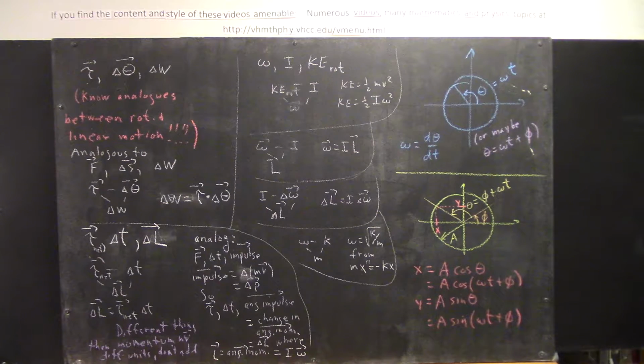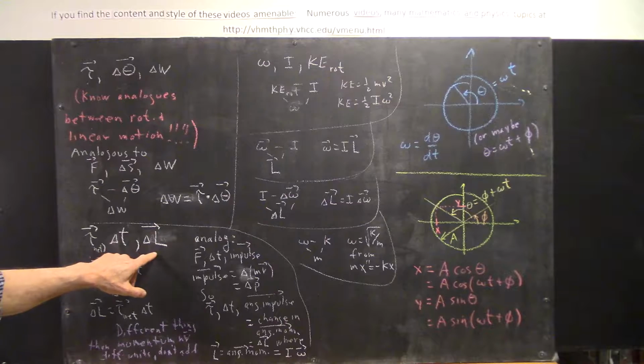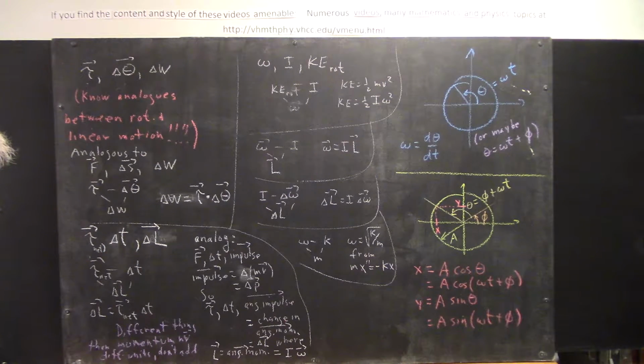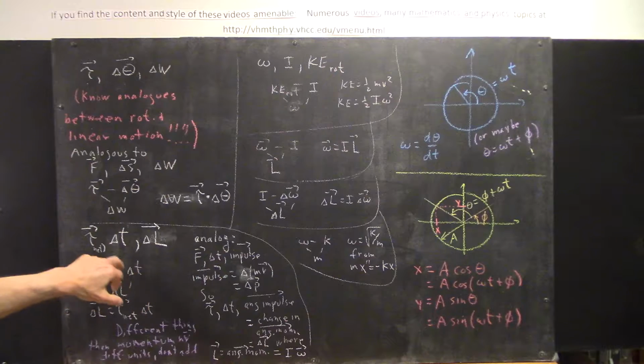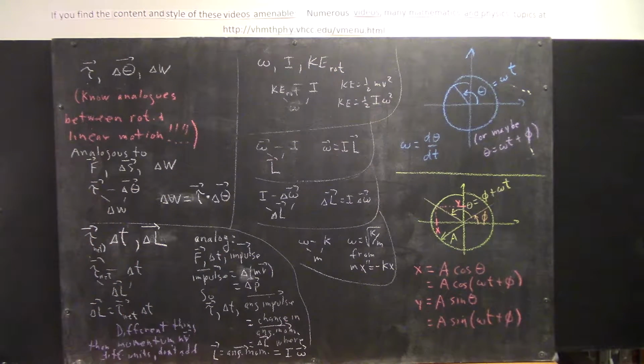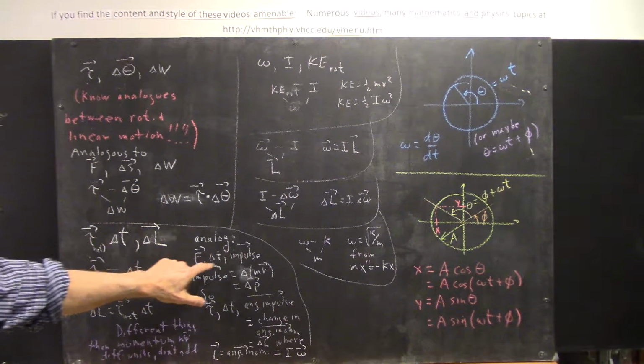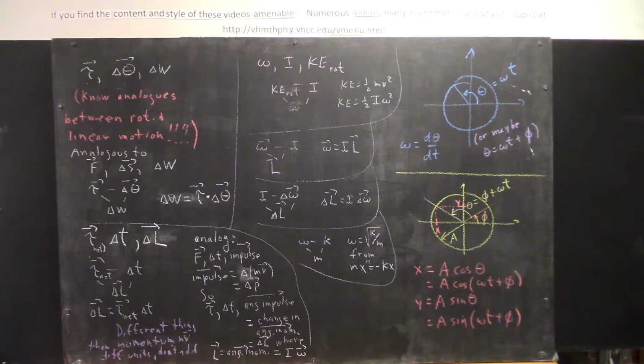Okay, so another one: net torque, time interval, and delta L, whatever the L delta L means. What's our analog? Well, if this is analogous to force, and delta T, of course, is just the time interval. If you know the force and the time interval, you get the impulse.